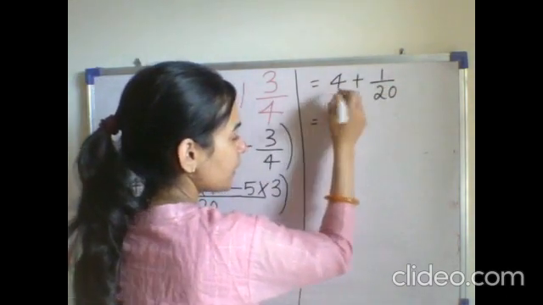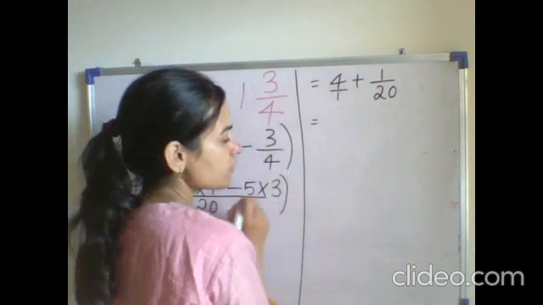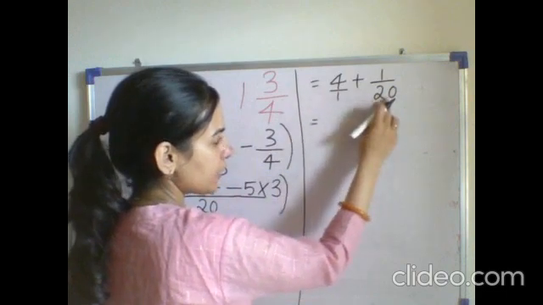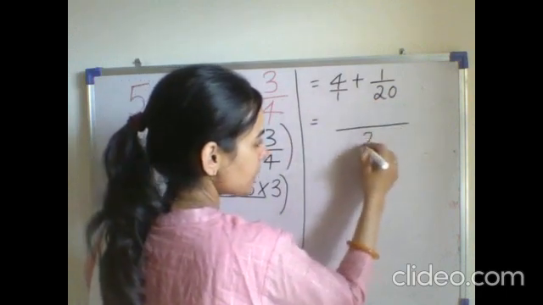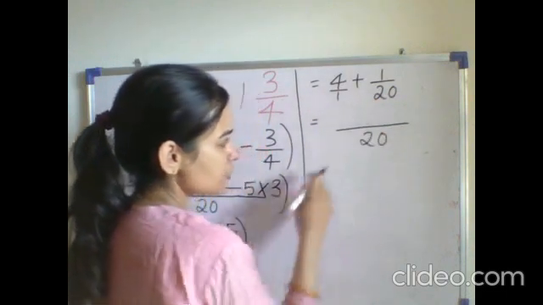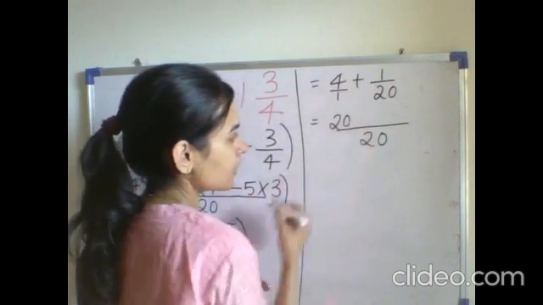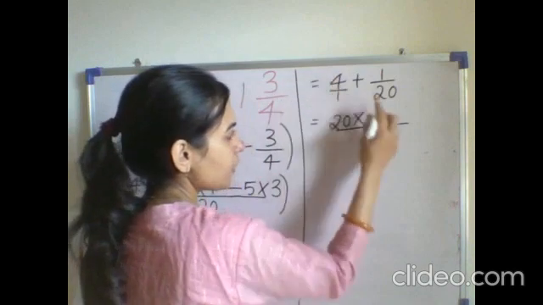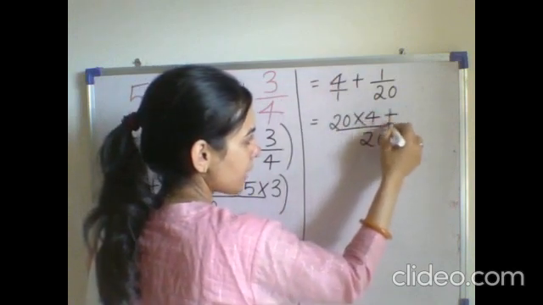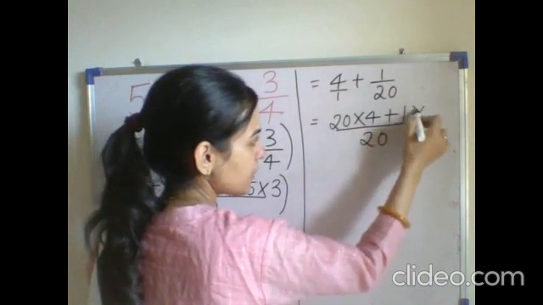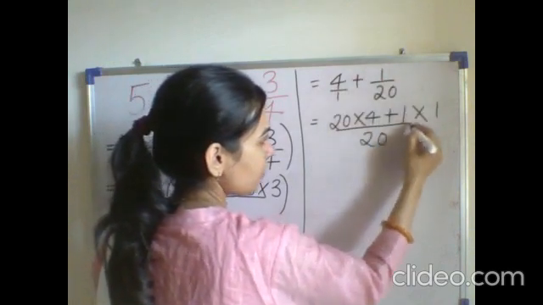Now here the denominator is nothing, so we can consider it as 1. Now the LCM of the denominators, that is 1 and 20, is 20. 20 divided by 1 is 20, multiplied by the numerator 4, plus 20 divided by 20 is 1, multiplied by the numerator 1.